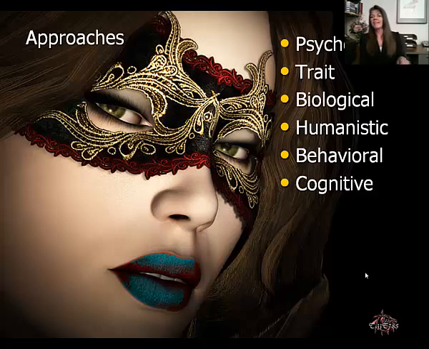Okay, so for the psychodynamic approach, these first two hopefully were very easy for you because we just covered them in great detail. And the psychodynamic approach, of course, was unconscious influences, things that affect your personality without your knowledge. The second one, the trait approach, this is trait dimensions, studying personality using trait dimensions.